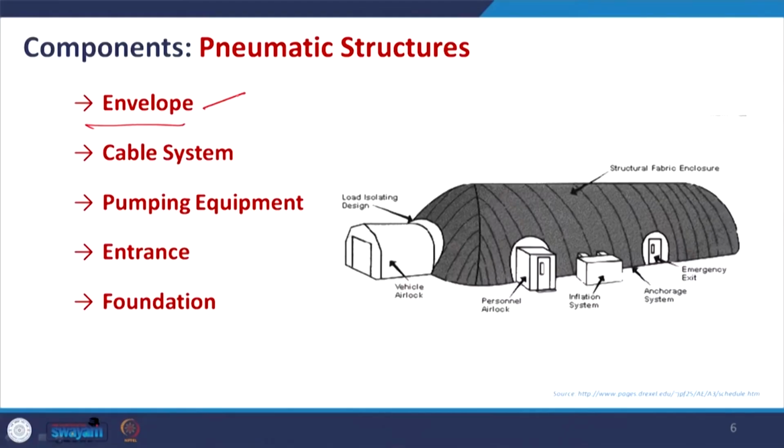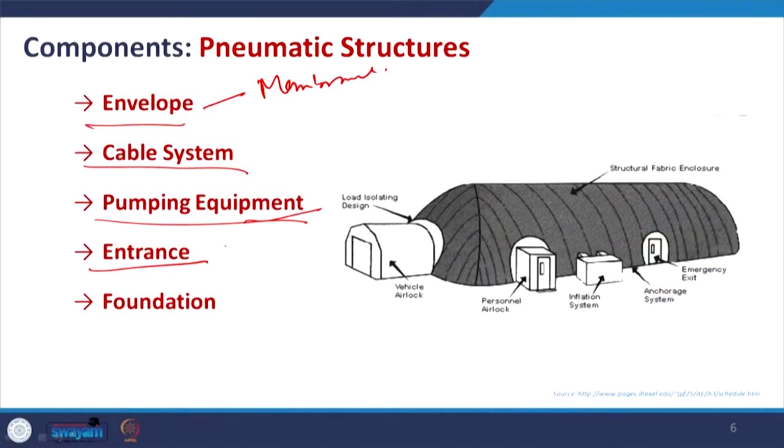Now, coming to the components, what exactly are they? The typical components of a pneumatic structure are, first, the envelope, which is nothing but the membrane that we discussed earlier; the cable system that will anchor everything; and the pumping equipment, because the air is the source of making the structure stable. Then the entrance: we can create a balloon, but the main problem is we cannot go inside it.